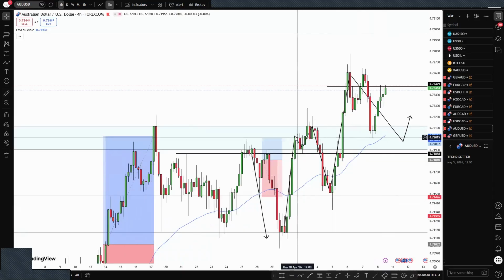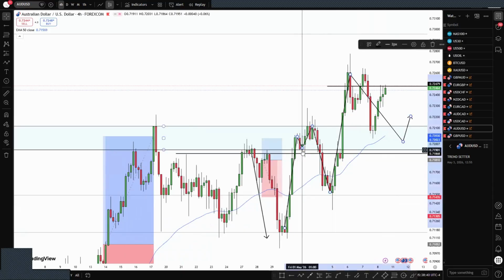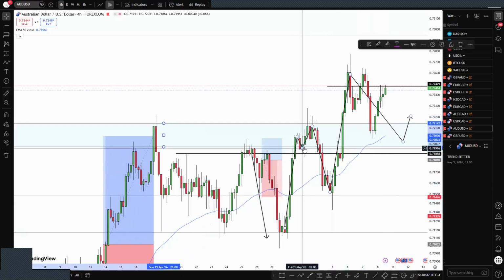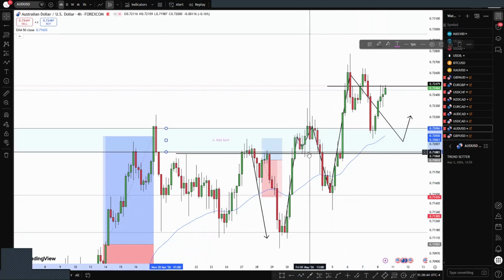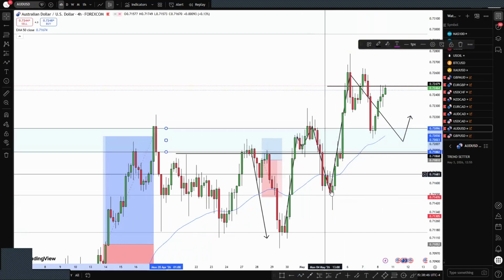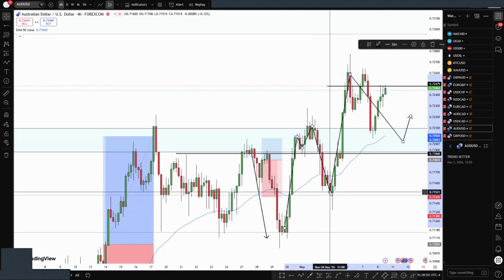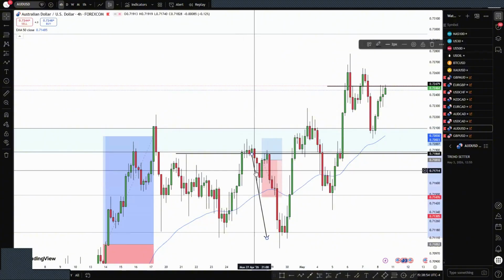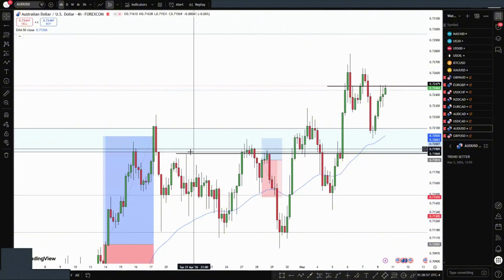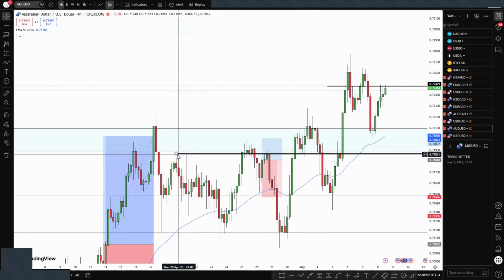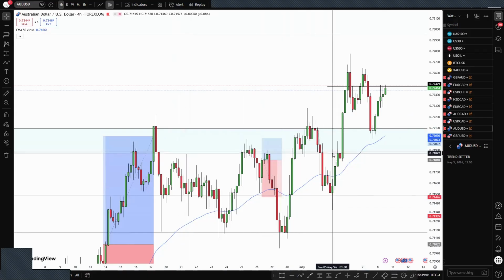Yes, once it broke on the daily time frame, when it retested here, there was no entry signal and price went back again. You see? So that's the difference with buying at the all-time high and buying at that level we are trying to buy at. You see?